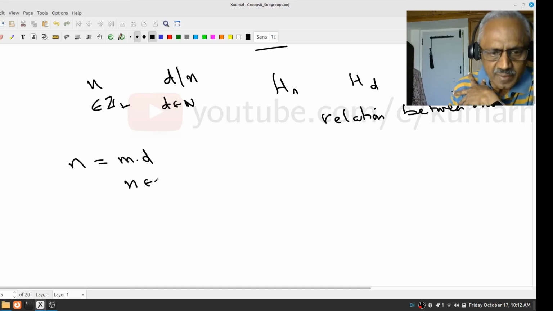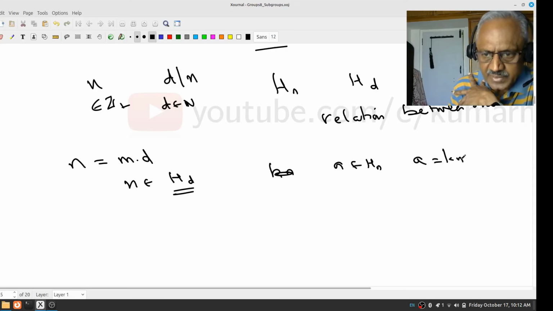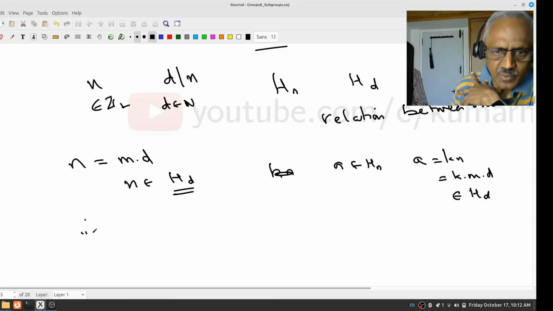Therefore n equals m times d, so n belongs to hd, right? And therefore, you give me any element a in hn, then a is of the form k times n, but that is k times m times d, and therefore it is in hd. Therefore, what you have shown is hn is contained in hd.